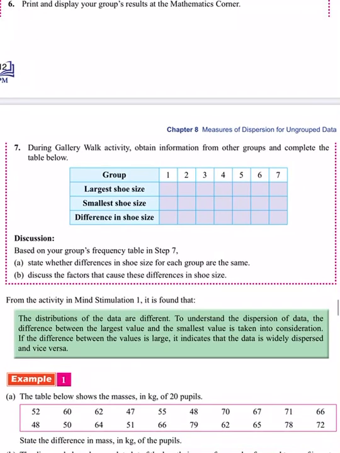To understand the dispersion of data, the difference between the largest value and the smallest value is taken into consideration. If the difference between the values is large, it indicates that the data is widely dispersed and vice versa. The thing inside this green box here, you must understand so that you have a strong basis to go into measures of dispersion later.